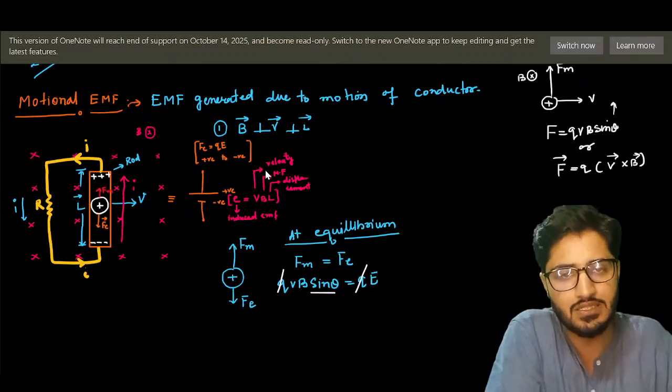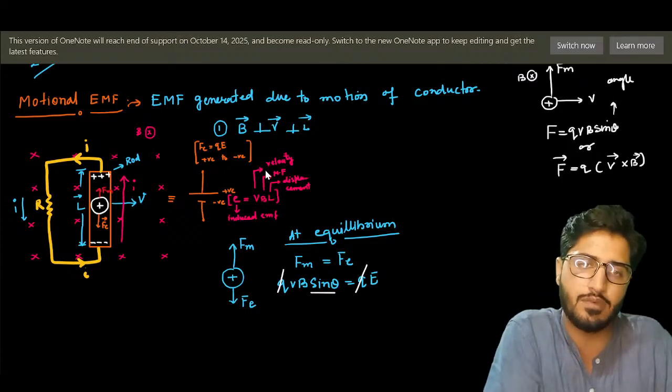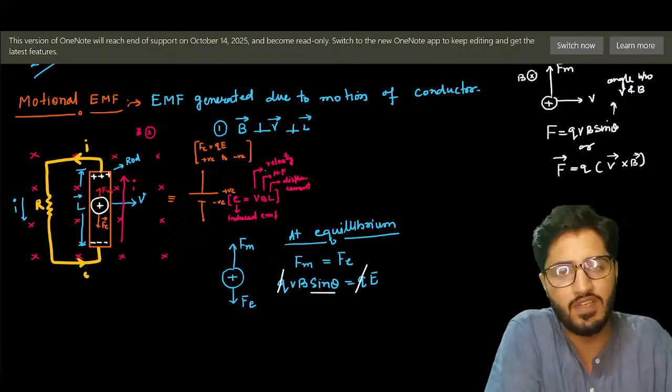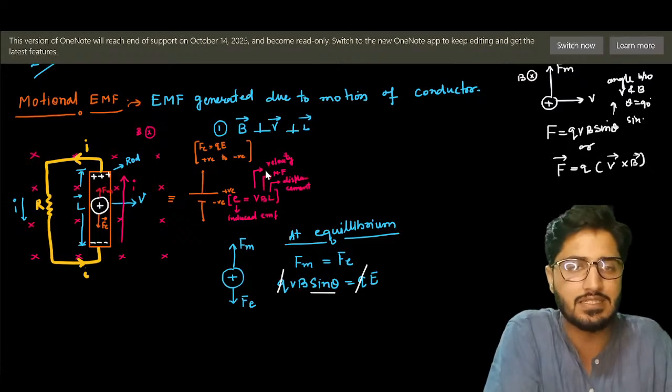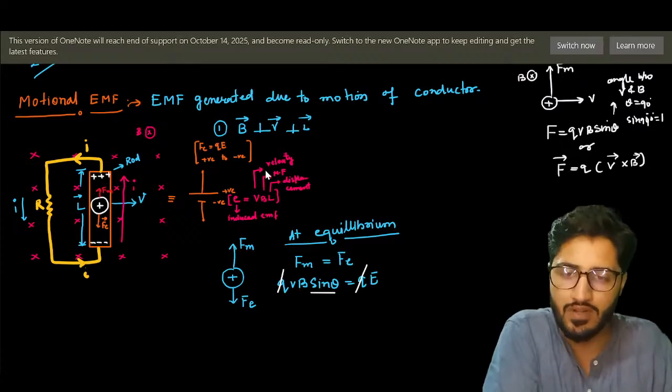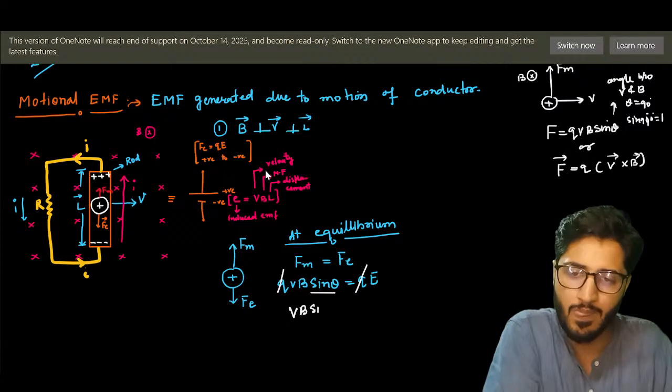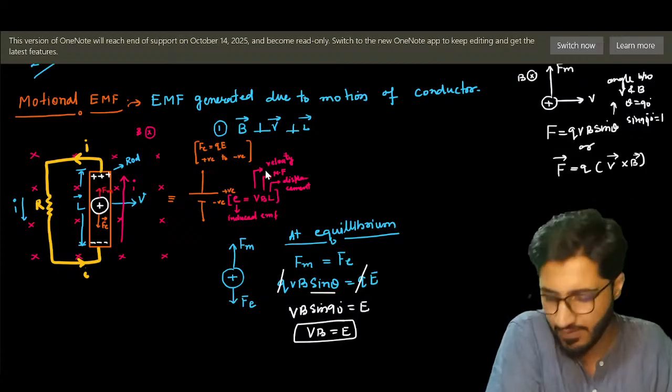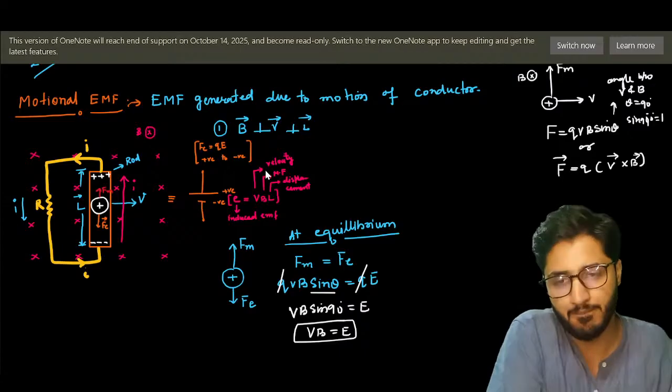This theta is the angle between V and B. V is rightwards, B is inwards, so theta is 90 degrees. Sine 90 is 1. So I will write VB sine 90 degrees equals E, that is VB equals E.